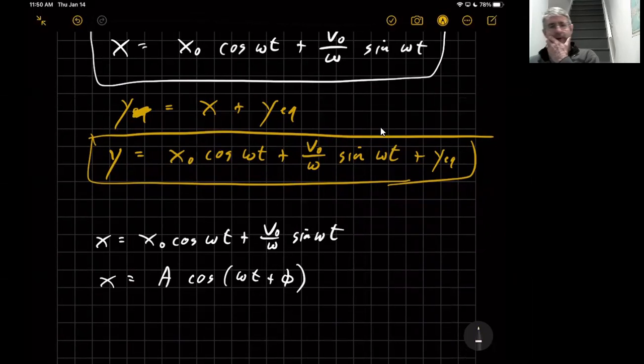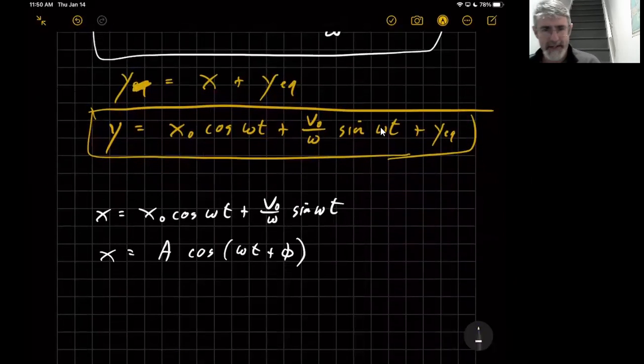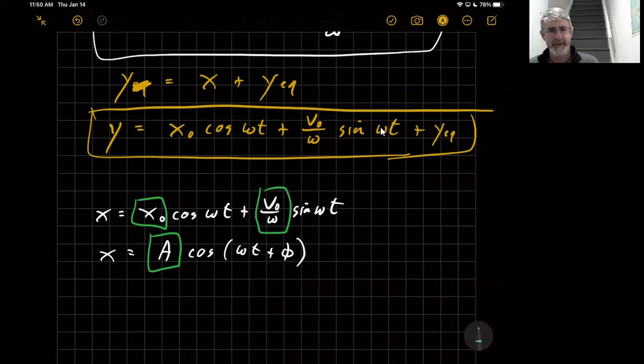So both of these expressions must be equal to each other. We're not going to do this right now, but A must be some combination of x naught and v naught and omega. To get that A value, we would have to figure out something about that, and we'll talk about that later. It's a little bit complicated, so I don't want to say that right now.